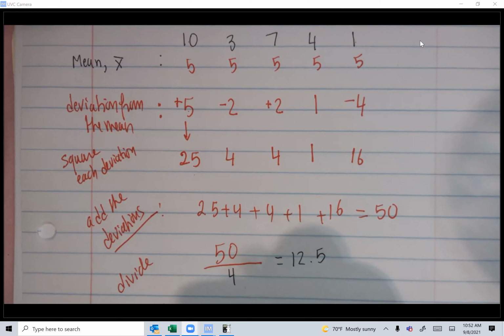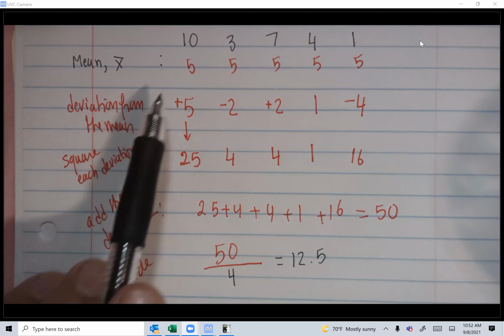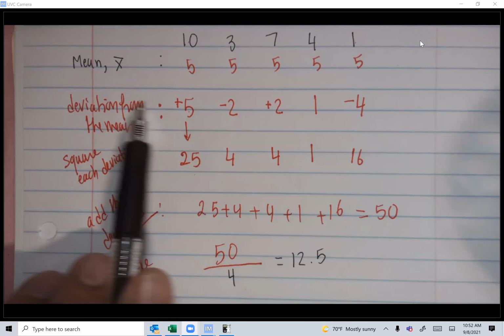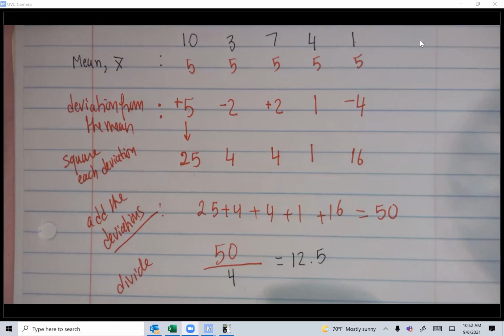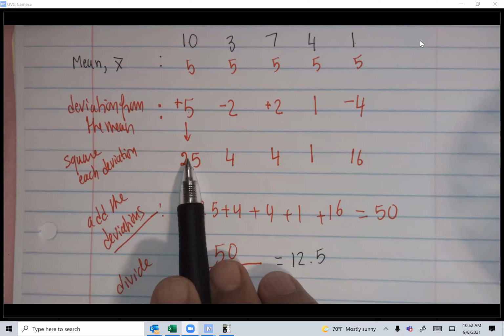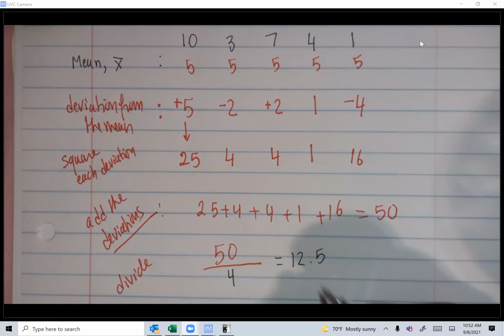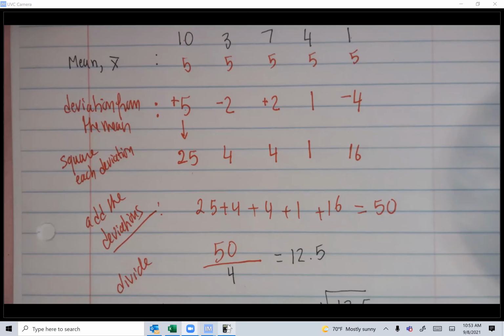It's going to be a larger standard deviation because you notice that the values deviated from the mean by so much. Look at the deviations from the mean. The standard deviation, guys, since we square the values here and we were not supposed to square any values, we have to undo the action. So just take the square root of 12.5. And let me show you how to find the square root of 12.5 on the calculator.